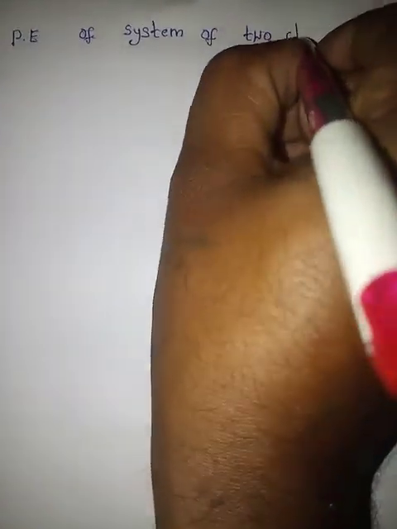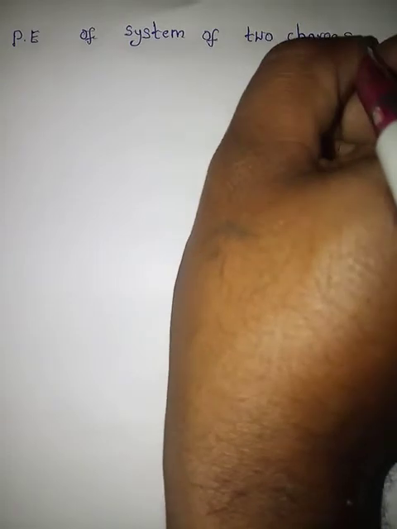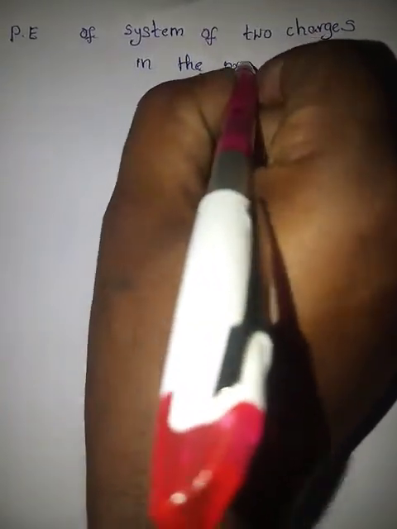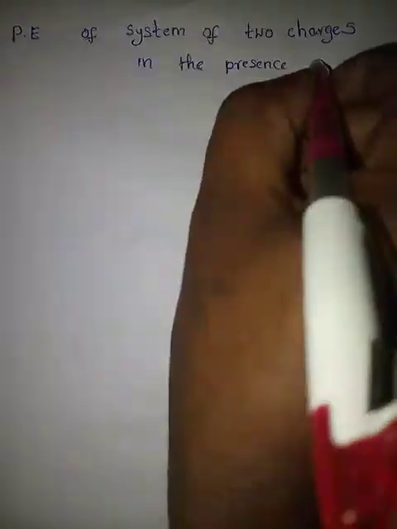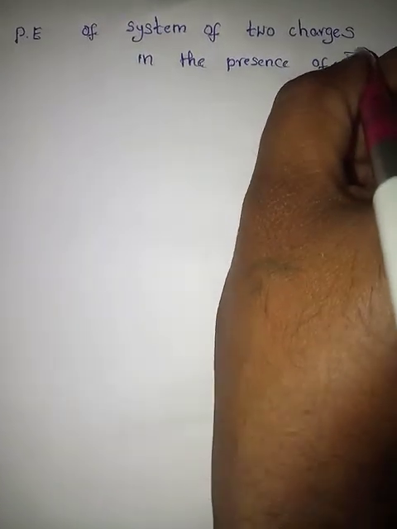Next one. Now let us derive the same expression if there is an external electric field. Potential energy of a system of 2 charges in the presence of an electric field.